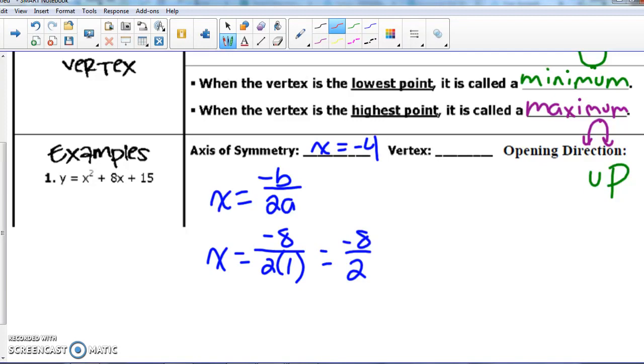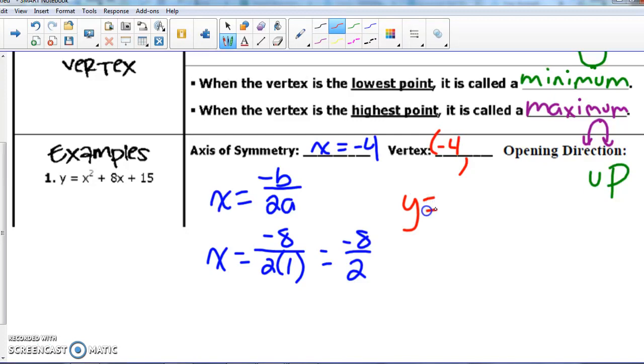So the coordinates of the vertex is an x and a y value. The x value is always the same thing as whatever the axis of symmetry is. So my x value is negative 4. Now to find the y value, I'm going to utilize the fact that I have an equation. So I'm going to plug in negative 4 for any and all x's to find my y.